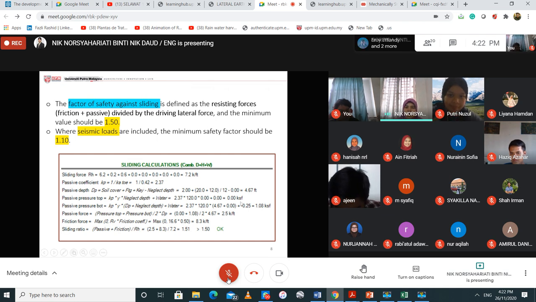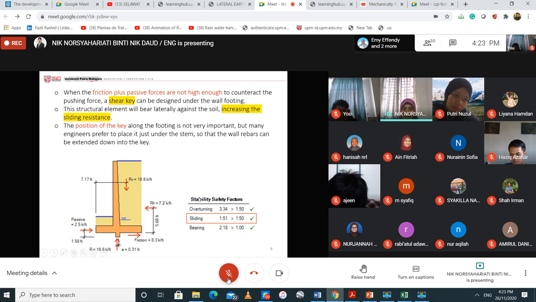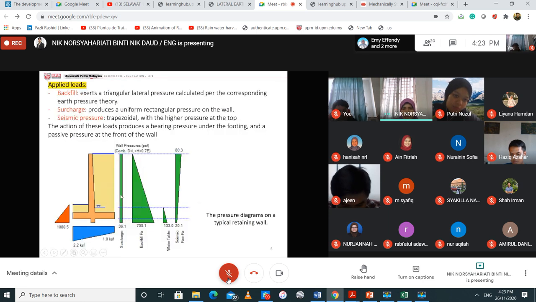Then kat sini kalau you nak tengok boleh lah, tapi in US metric punya unit, you don't have to worry, sama je, cuma perbezaan you need to convert kan, right? Then you just refer back to this calculation or the figure untuk dapatkan idea. So untuk passive force ni dia include sekali dengan shear key kat sini, right? So I think should be okay.